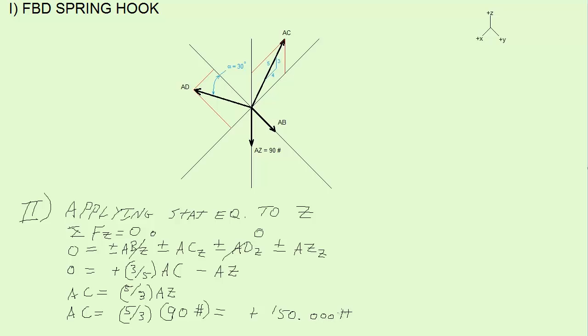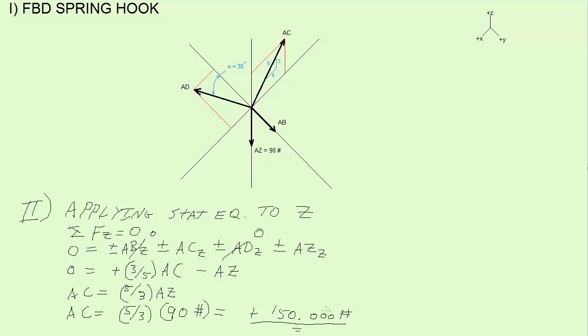Now keep in mind that you are required to include a sign here. The sign indicates not that AC is in the positive Z direction, because it's not a Z vector, but that the sense of that vector agrees with what we assumed.